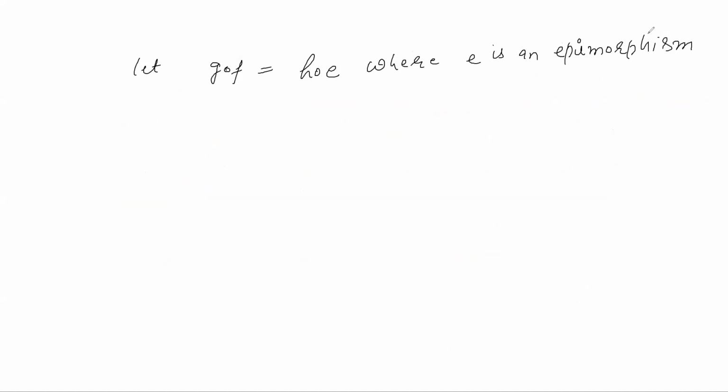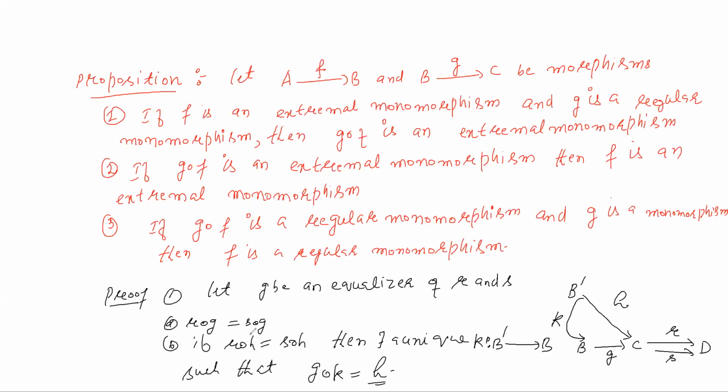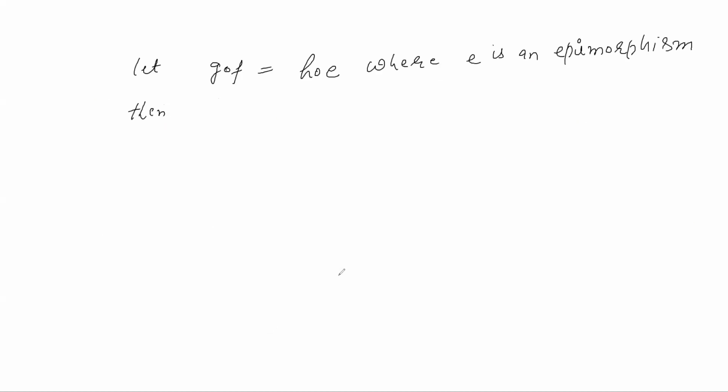Okay. Then, because we have just seen that r composition g is the same as s composition g, we shall use this condition. Now I take r composition h composition e.